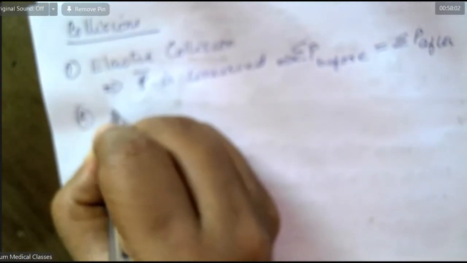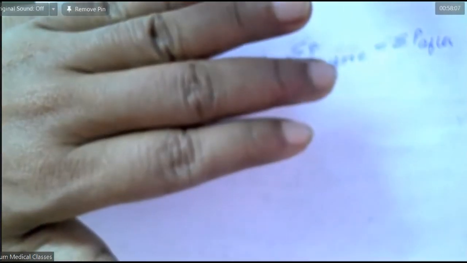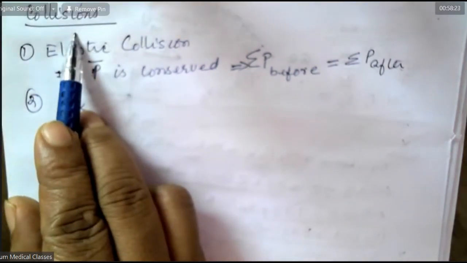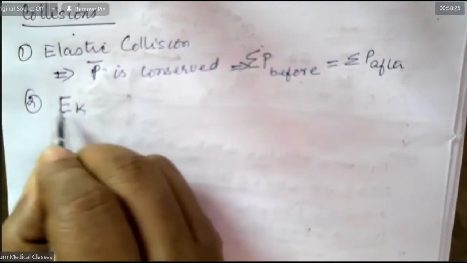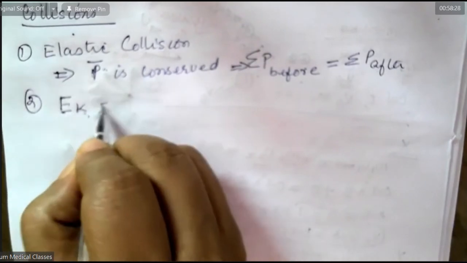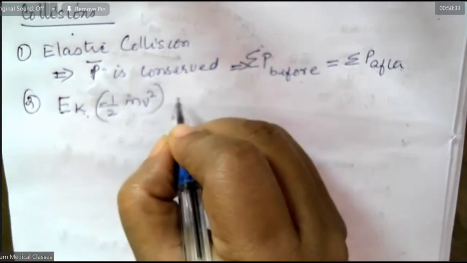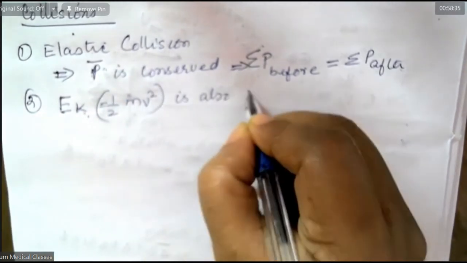In elastic collision, in addition to these two, kinetic energy, that means half mv square, is also conserved.